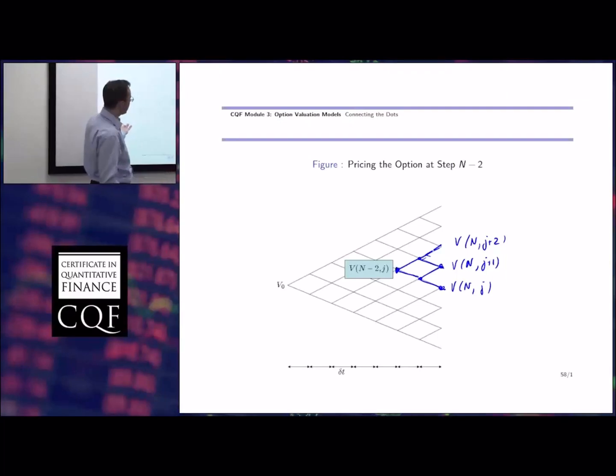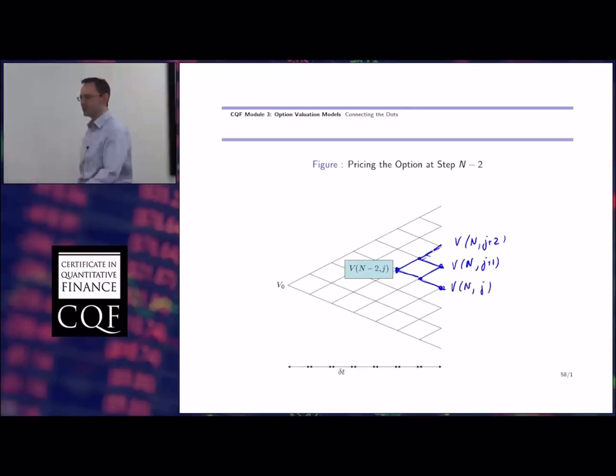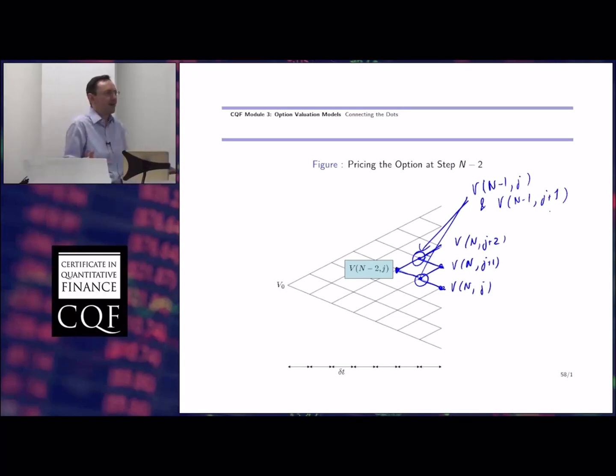So how are we going to get a formula for a 2-step process? Well, let's start with the formula for the 1-step process. So let's compute V_(n-2),j as a function of V_(n-1),j and V_(n-1),j+1. And that is easy. We can do that. It's just a 1-period binomial model again.